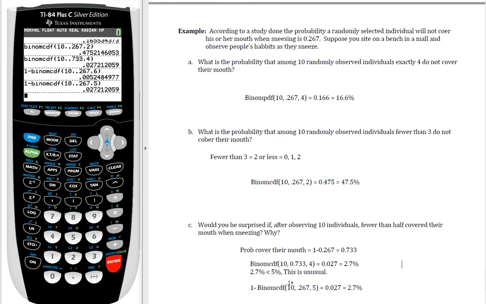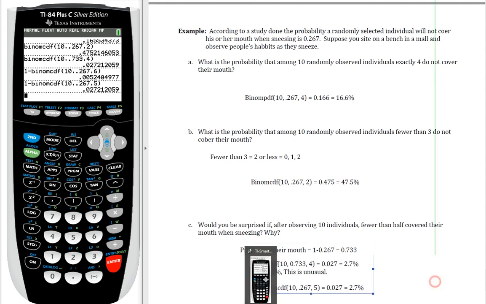And unfortunately, Binomcdf only goes from 0 up to something. So if I want to find 6, 7, 8, 9, or 10, I can take away 0 through 5, which is what Binomcdf up to 5 does. I could take that away from 1, and I get my overall answer, 0.027.